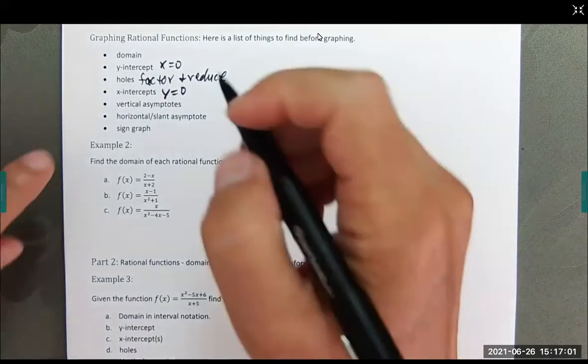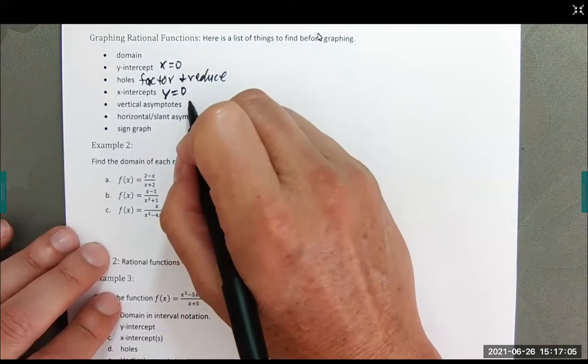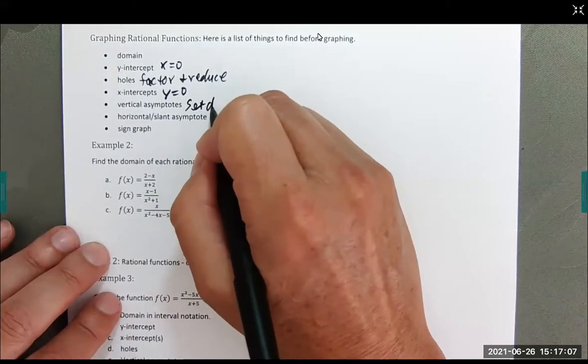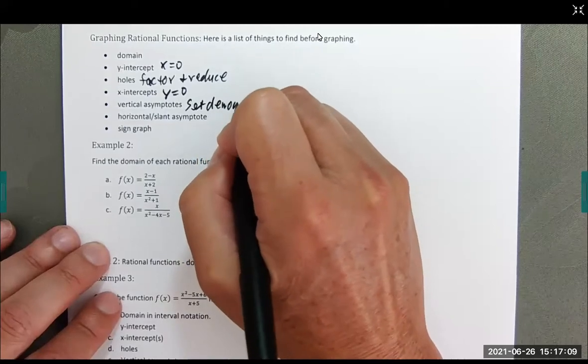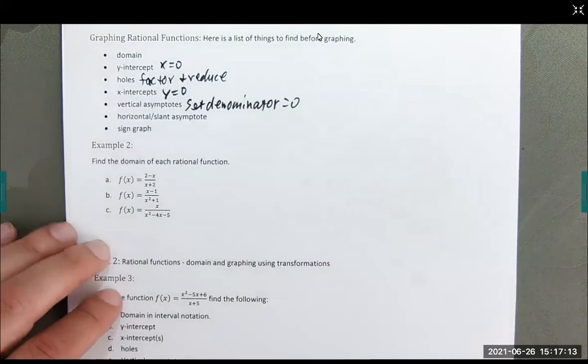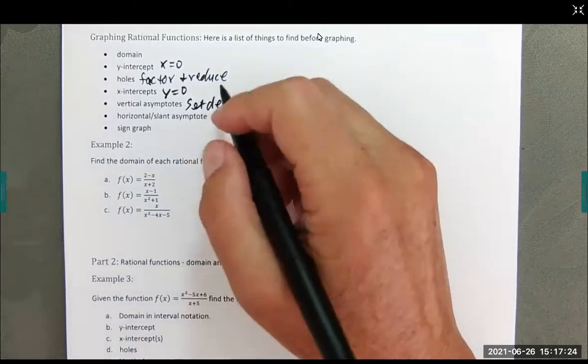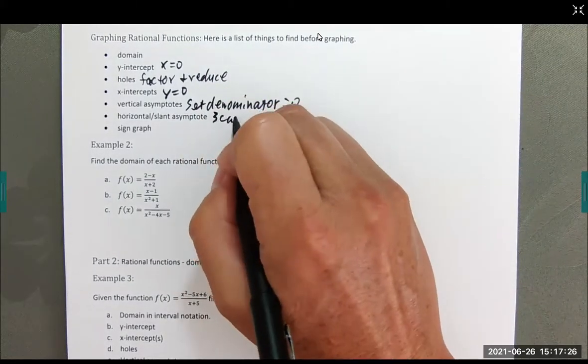Vertical asymptotes. Basically, if there's no hole, then whatever's in the denominator, set the denominator equal to 0. And those x values are going to be your vertical asymptotes. Again, unless they reduce out, you'll have a hole there instead of an asymptote. Horizontal asymptote, check the 3 cases that we just talked about.